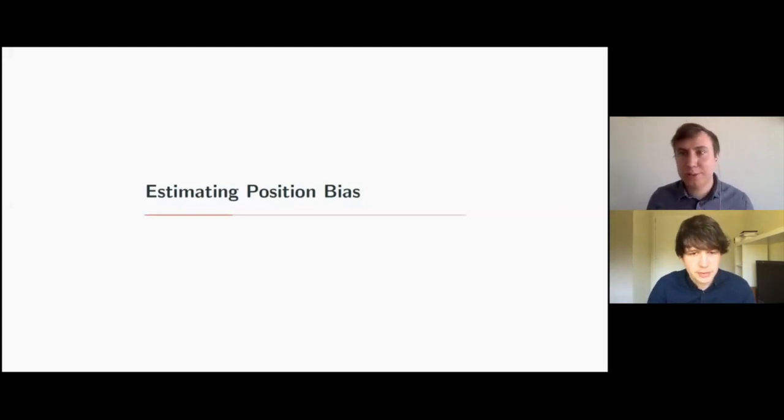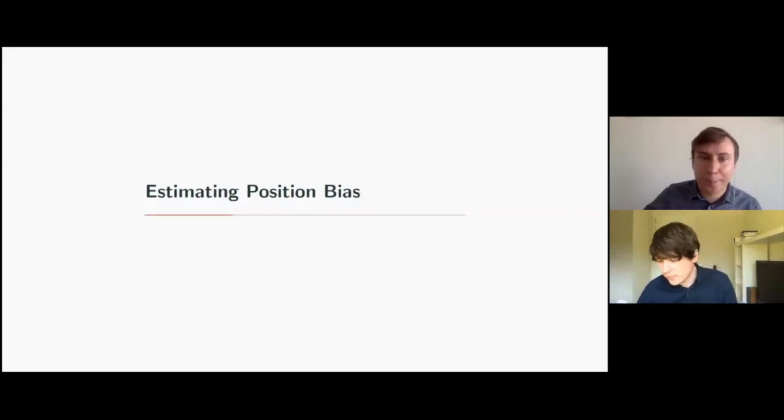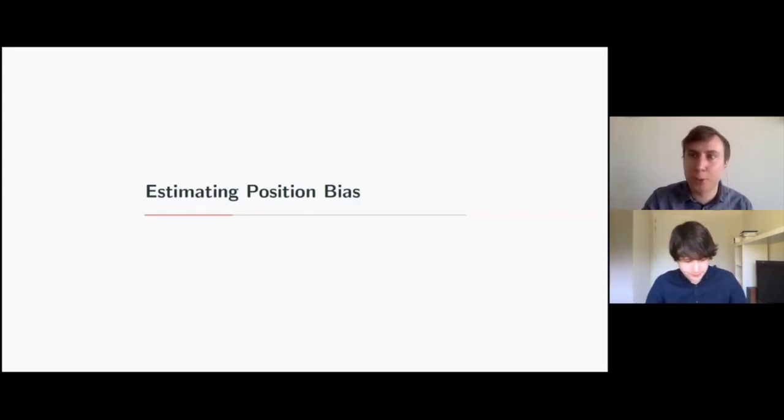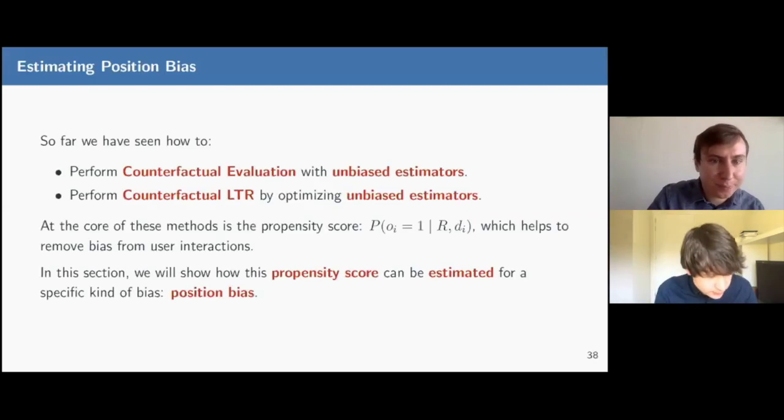Yeah, so what we've seen so far is counterfactual evaluation, counterfactual learning to rank. But at the core of all of these methods is this component of position bias, these propensity scores or examination probabilities, or however you'd like to call them. So that's what we've seen.